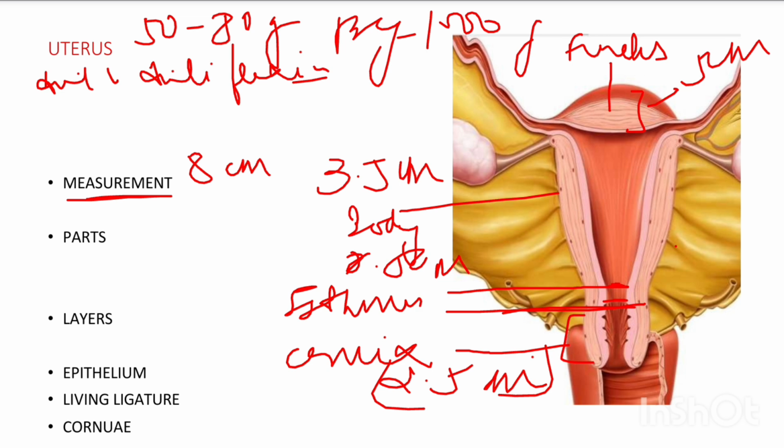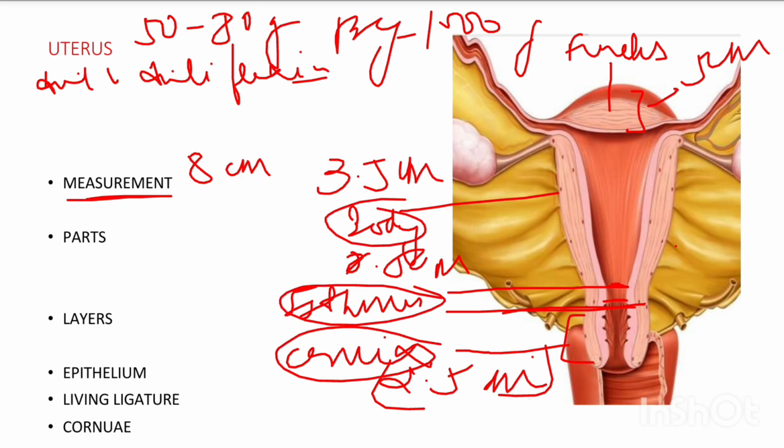Now what are the parts of the uterus we will discuss. This is the body, this is the isthmus, and this is the cervix. In the body there are three layers: perimetrium, myometrium, and endometrium, which is shed monthly in the form of menses.